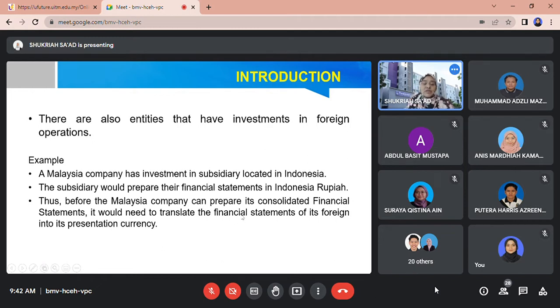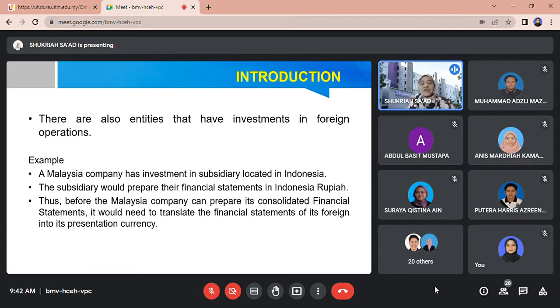Ada 3 kat situ, ada 3 benda yang kita kena tengok. So the translation tu banyak layer lah. Tugas translation ni, siapa yang kena translate is a holding company.